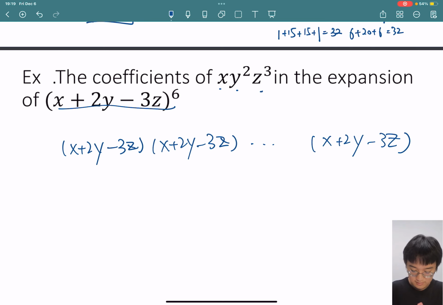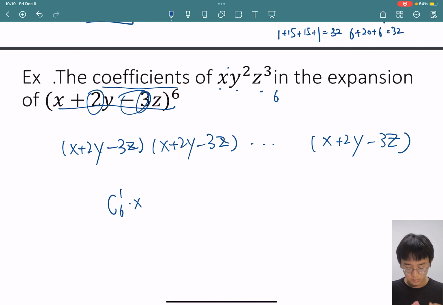So we need the power of x, the power of y, and the power of z, where the sum is 6. So we need to choose one x from these 6 boxes. So this is C(6,1) times x. And we need to notice the coefficients of y and z. The z coefficient is minus 3.